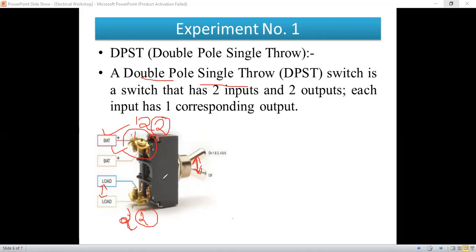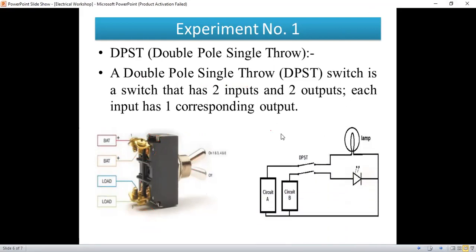So load in case of DC असेल तर one phase असेल, one neutral असेल, that is plus minus असेल. In case of other, that means if there are two loads given, in that situation you just have two inputs and two outputs. Okay, so this is a DPST type of switch.